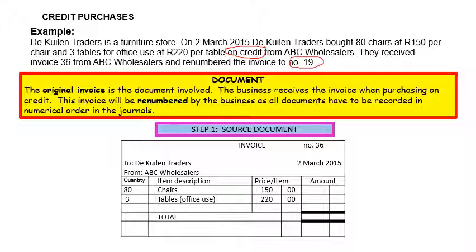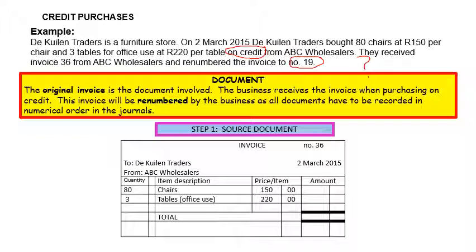Why do we renumber? We have to renumber because in our accounting system, in our business, all documents must be in numerical order. If you are buying from different businesses, there's no way that you will receive invoice 1 from Macro, invoice 2 from Metro, invoice 3 from Cash and Carry.